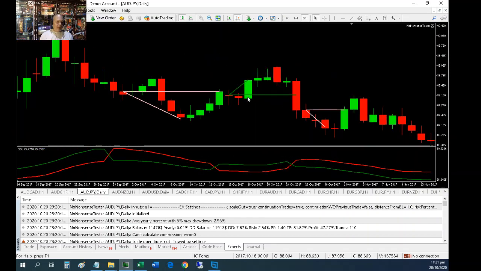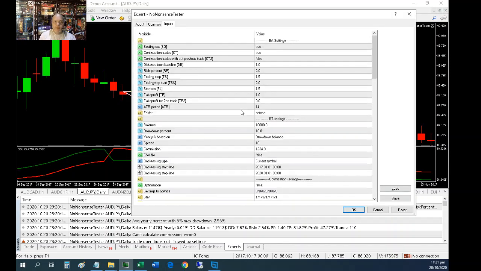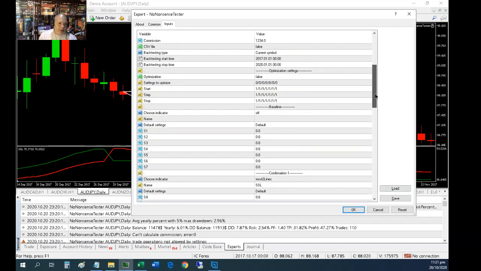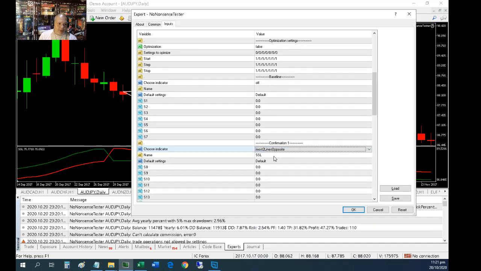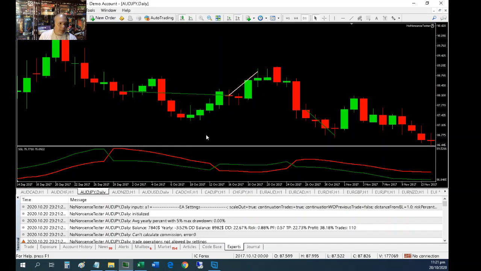Okay, now this is very important, that when you test for two lines cross, that you visually check the entries, because if we selected a two lines opposite, you would see that it took the completely opposite trade.